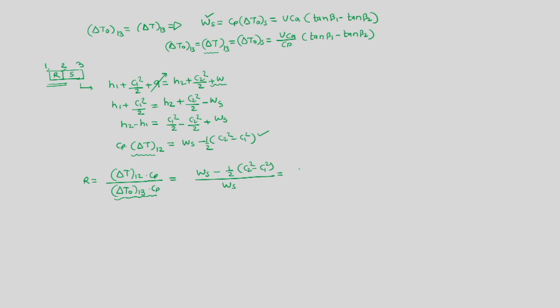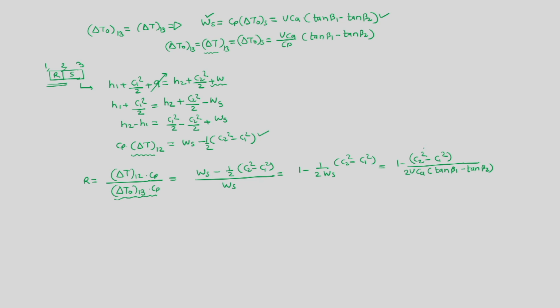So what we get is 1 minus 1 by 2 Ws into C2 square minus C1 square. But we know that Ws is equal to this, so we can use that and say that R is 1 minus C2 square minus C1 square divided by U Ca into 2 into tan of beta 1 minus tan of beta 2. So this is the formula till now for R.